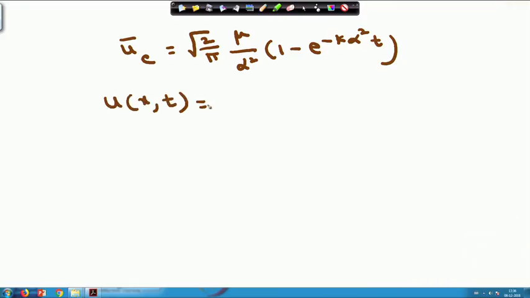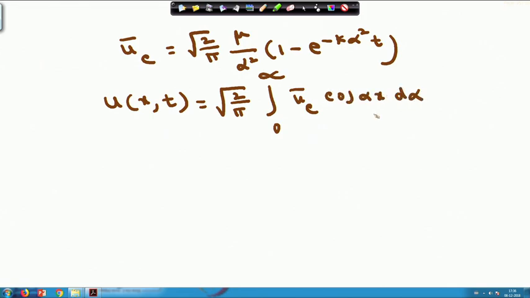So, u(x, t) is equal to root over 2 by pi, integral 0 to infinity, from the definition, u bar c into cos of alpha x into d alpha. And now, u bar c, you know this thing.